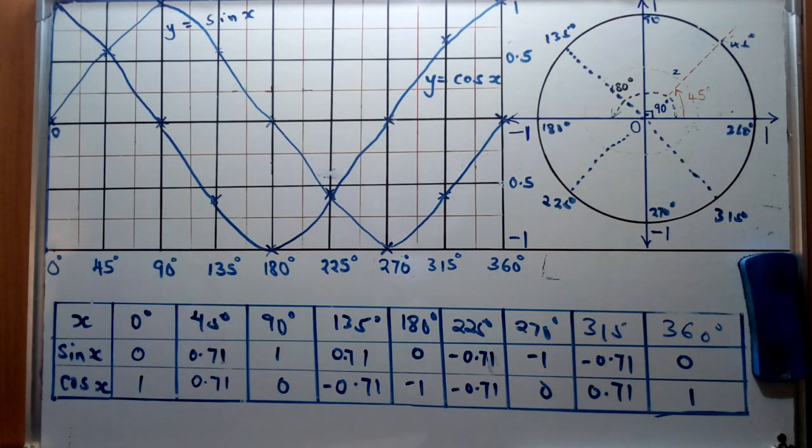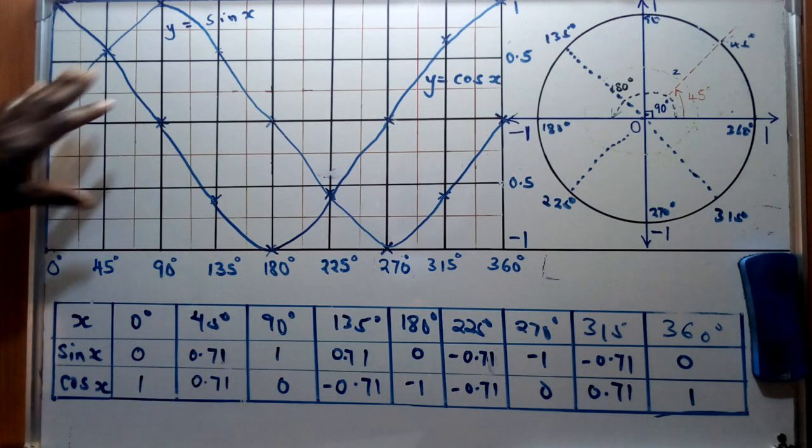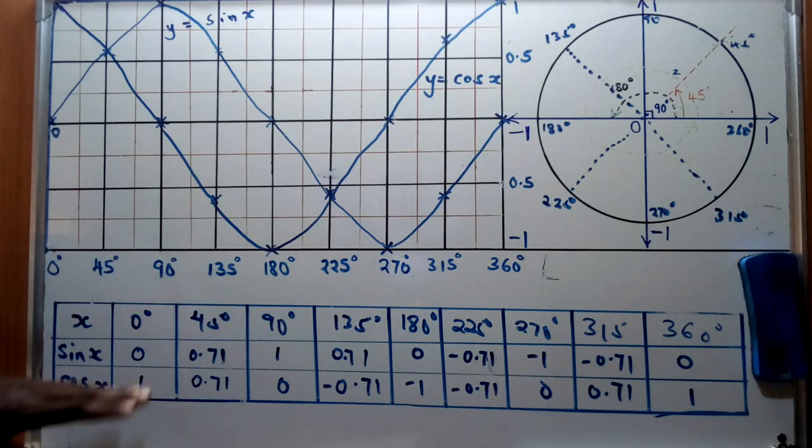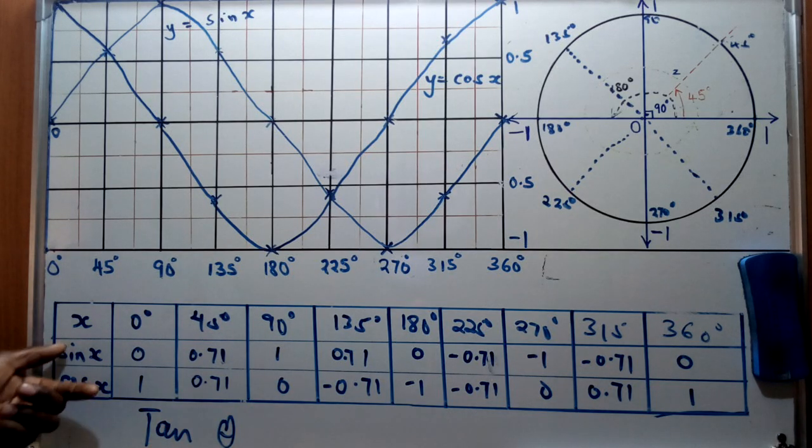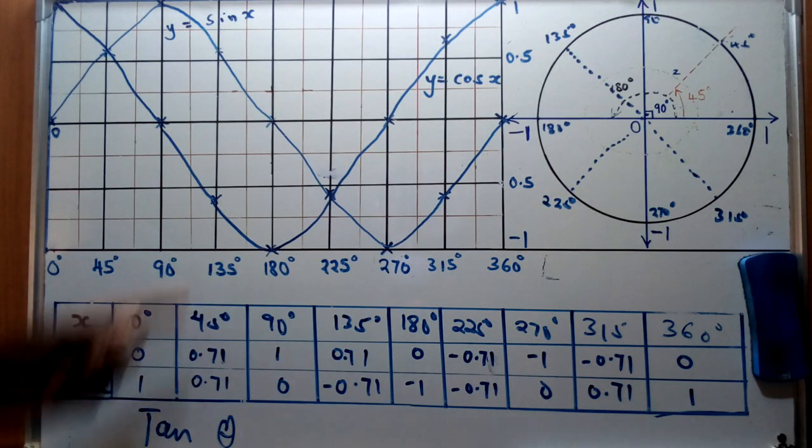Now, catch us in our next video, as we're going to discuss the relationship that exists between these trigonometric functions. We said that in defining the tan of theta, for an arbitrary angle theta, is another representation of a trigonometric function, which is a ratio between the sine and the cosine of theta.